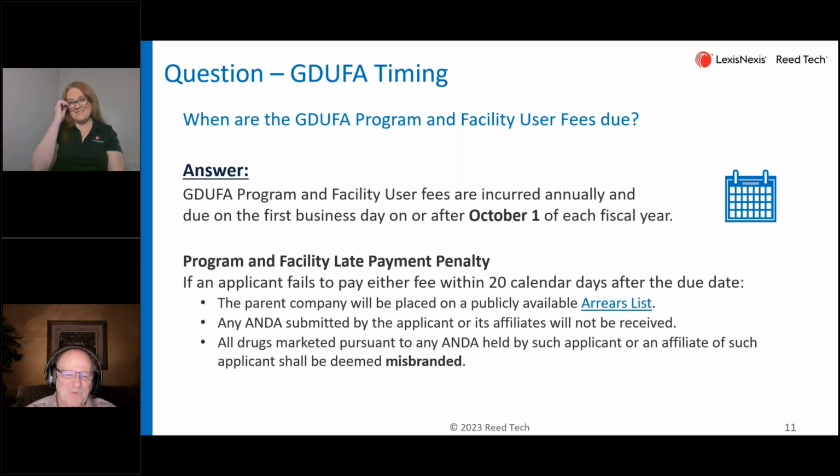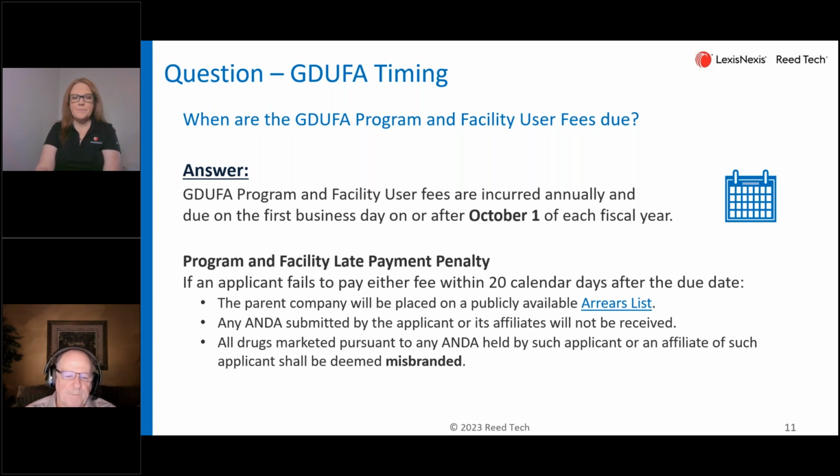I didn't make the October 1, I was on vacation and I lost track of everything. So, things happen, but you want to keep this on your calendar and not miss this date. You might actually schedule it early just so it's always covered. The reason is there are some significant penalties involved that you want to avoid.